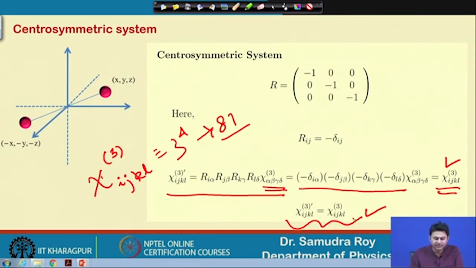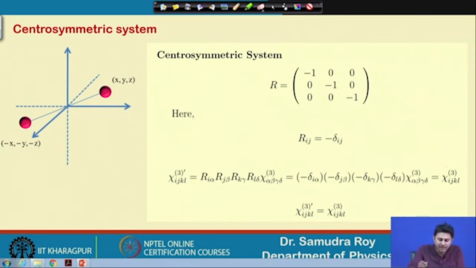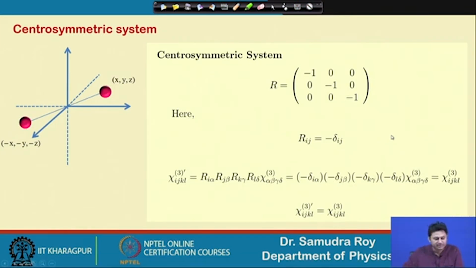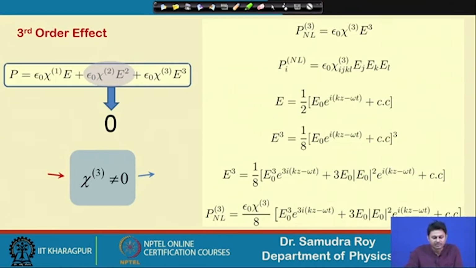The third order effect is basically the first higher order effect in a centrosymmetric system, so that is why it is very important to understand the effect of this chi 3. The effect of chi 2 we elaborately discussed in our previous classes. Now, we will consider the material where chi 2 is equal to 0, but chi 3 is not equal to 0.